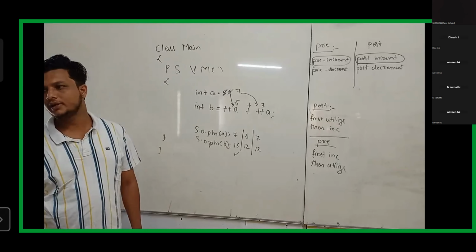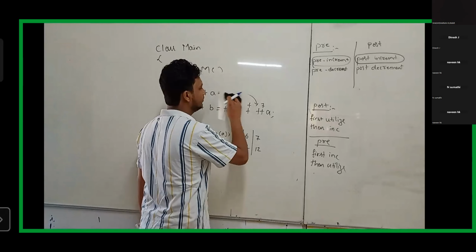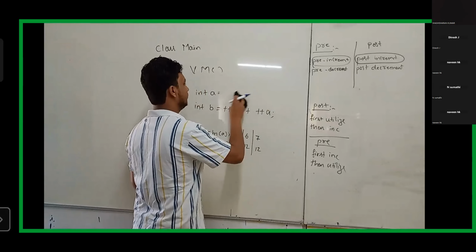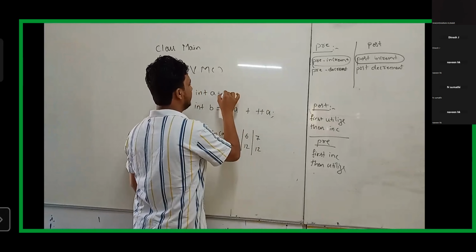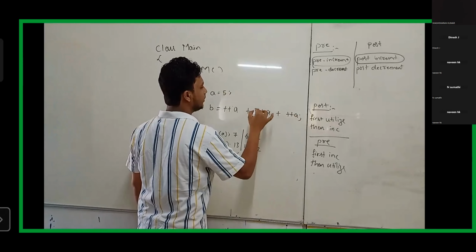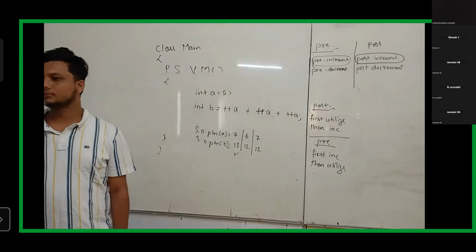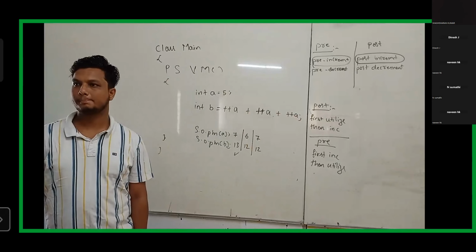I'll make one more change. I'll say A value is 5, and here I'll write ++A. Quickly. Eight, 21?